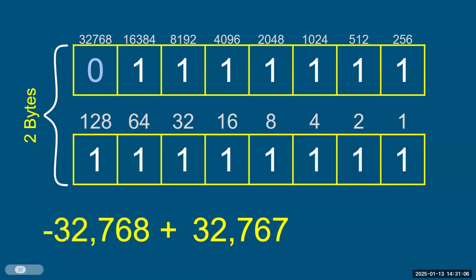If we start at negative 32,768, which is the most negative number we have, and add 32,767 to it, it gives us negative 1. So if you type negative 1 into your computer, it's going to store these 2 bytes together, with 0 for the first bit and 1 for all of the other bits, and that's how it records negative 1 in your computer's memory.